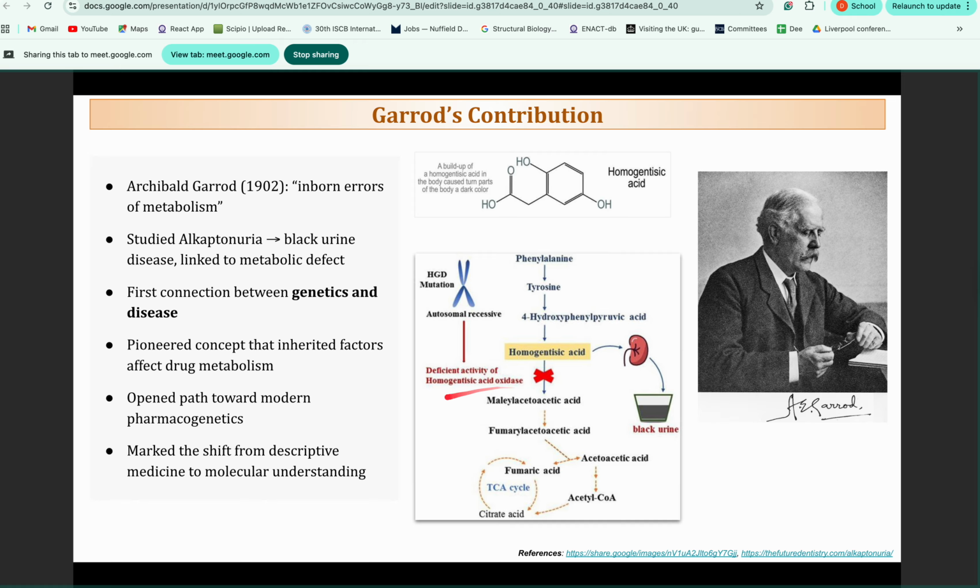If this enzyme or gene is defective, then this conversion does not take place, which ultimately leads to alkaptonuria. So this is a metabolic disorder. There is a defect in the metabolic gene responsible for this conversion. This is how he showed that genetic studies are also important while designing drugs, and this also determines how the patient will respond to the drug dose.